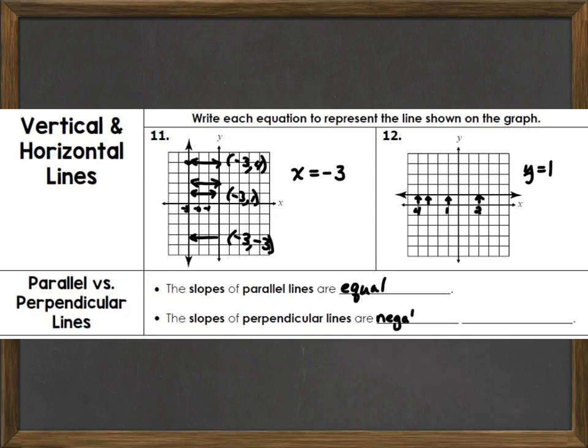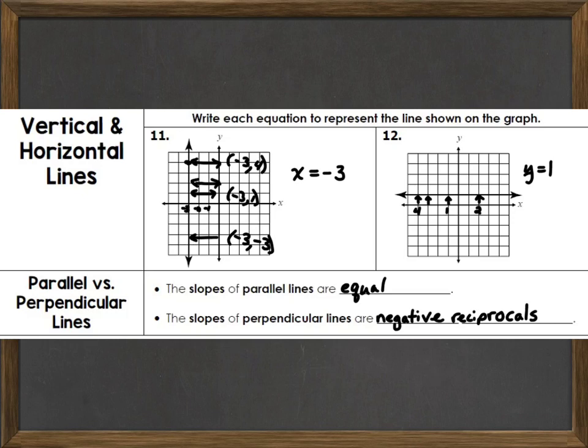So negative reciprocals. That means you flip the fraction over. Right, so that's that little portion of your notes talking about vertical and horizontal lines and parallel and perpendicular lines.